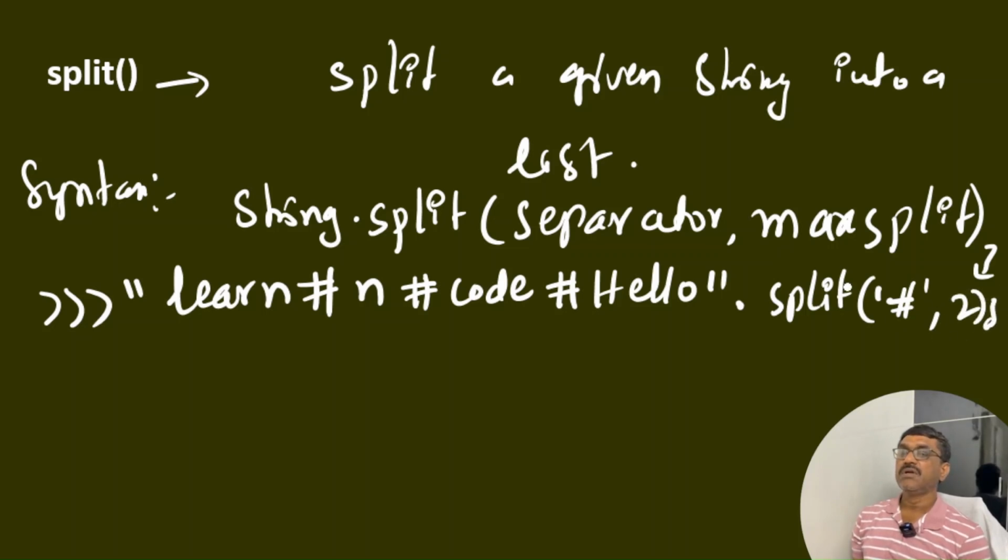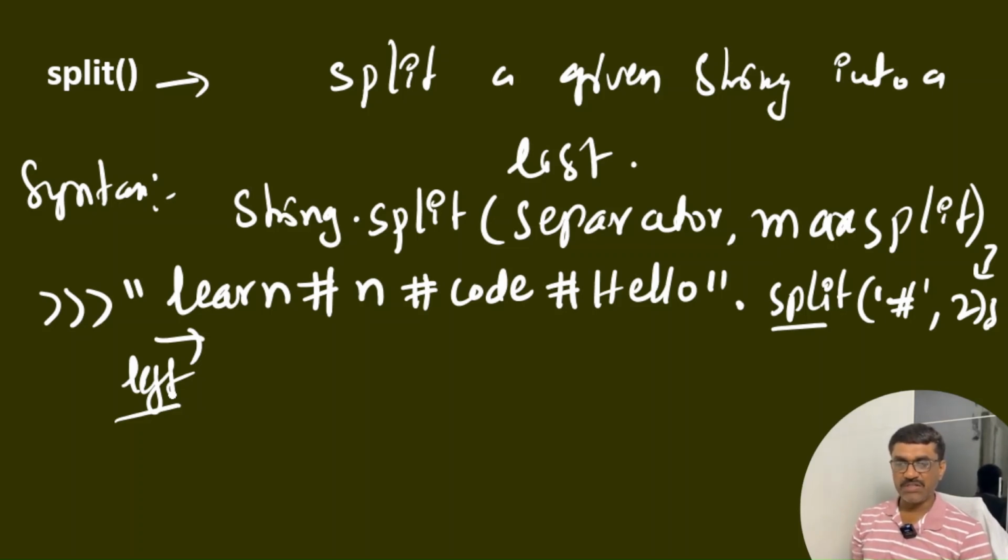Then what happened? See here, by default, split is going to move from the beginning, meaning from the left. To split a string into a list from the left, there is no lsplit. Why? Because split by default comes from the left. But we separately have rsplit to split a string into a list of items from the right, that we will see.